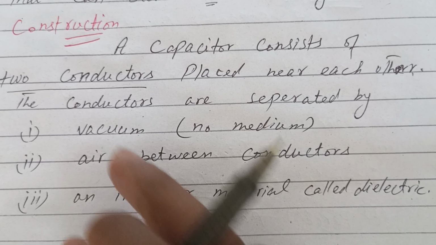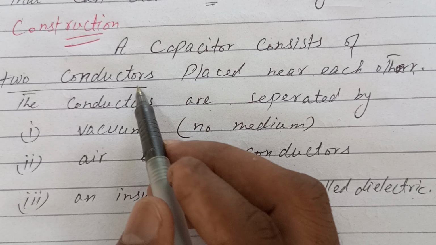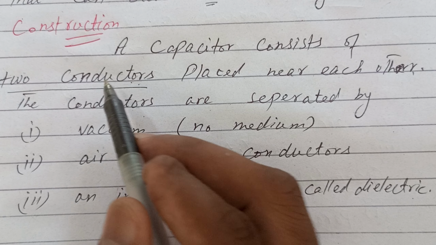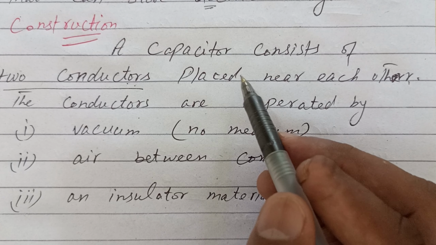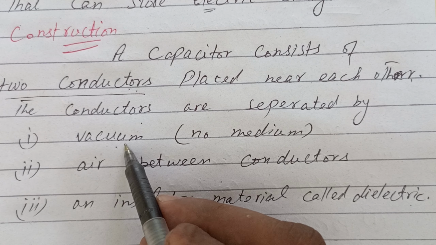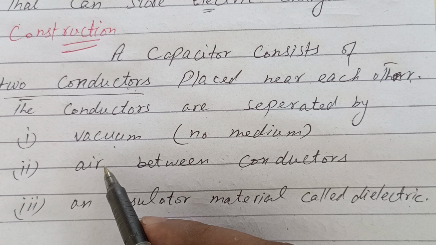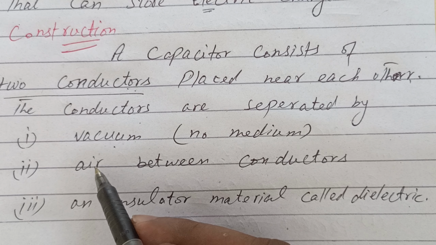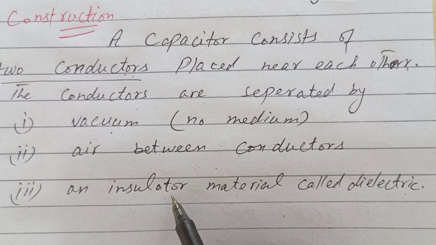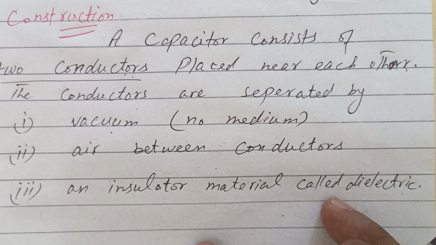So this is a very simple device consisting of only two conductors, and both the conductors are separated by vacuum, which means there is no medium between plates, or there can be a medium, and medium can be air or an insulator material, and that insulator material is called dielectric.